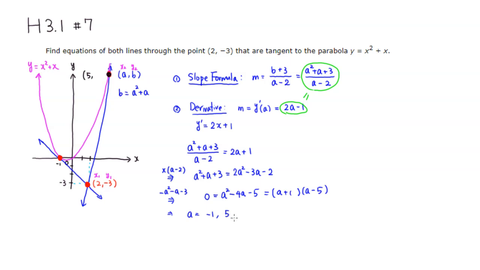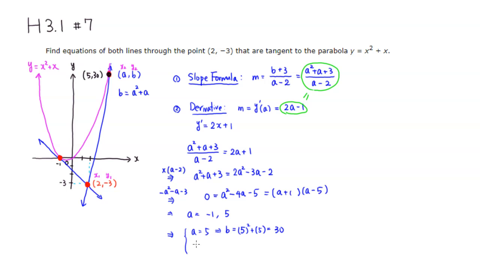When a equals 5, b is going to be 5 squared plus 5. That's 25 plus 5, so it's 30. So one point of tangency is (5, 30).